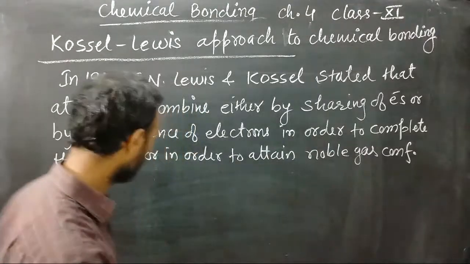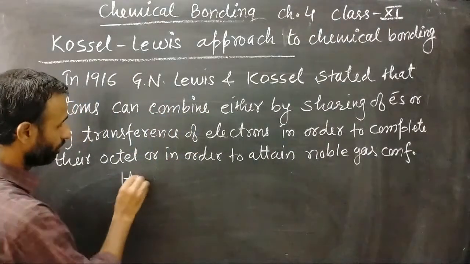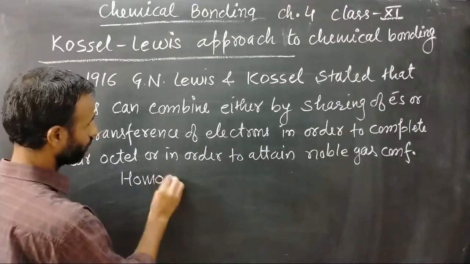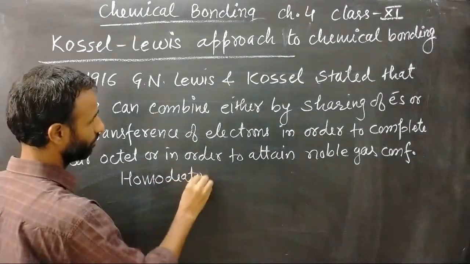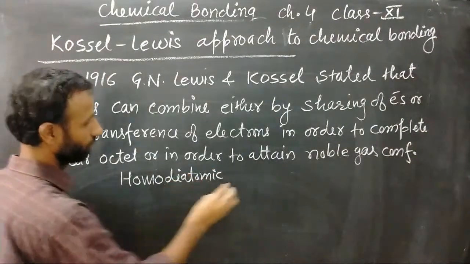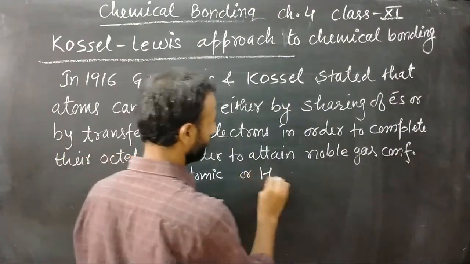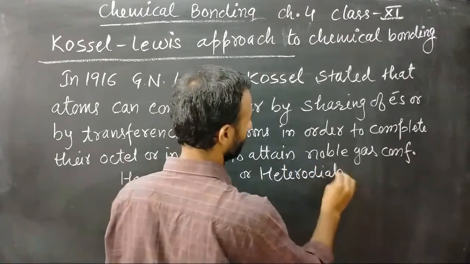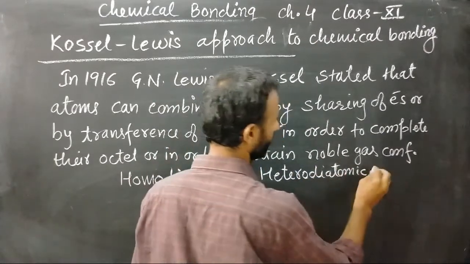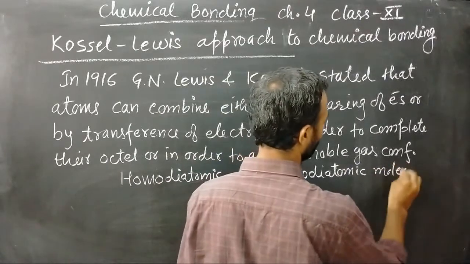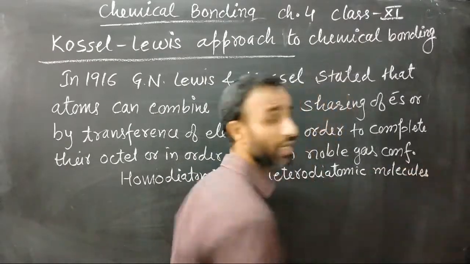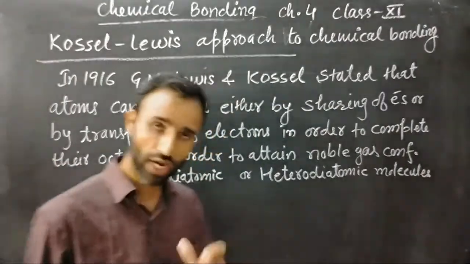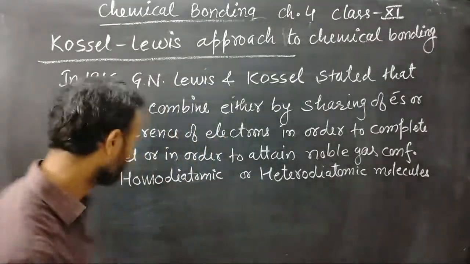Okay, so in case of diatomic, they can form homodiatomic or heterodiatomic molecules, or maybe more than that. But in case of diatomic, there are two types of molecules: homodiatomic and heterodiatomic.